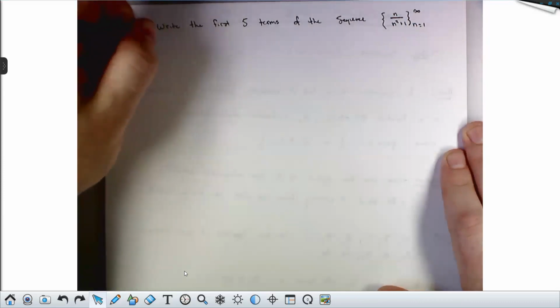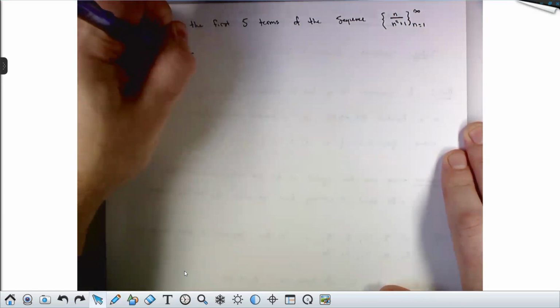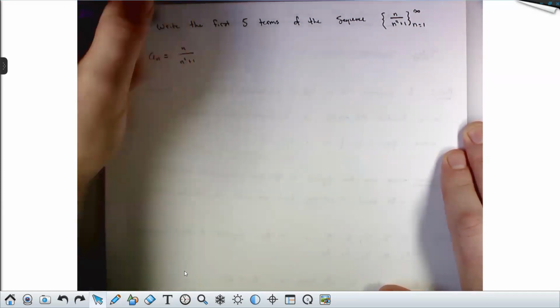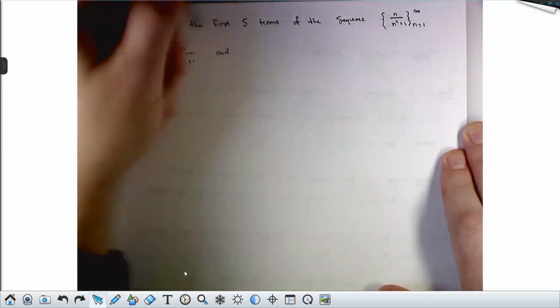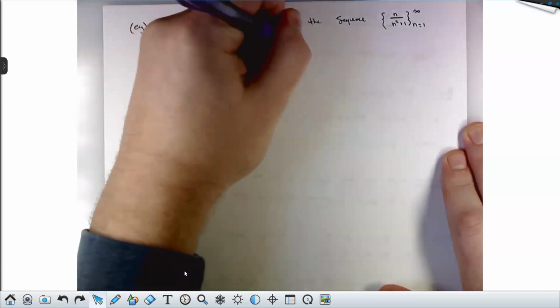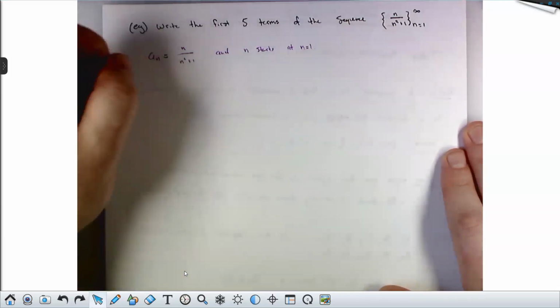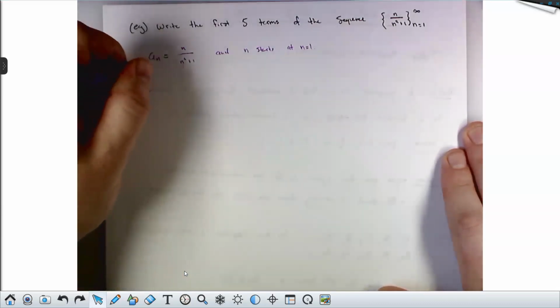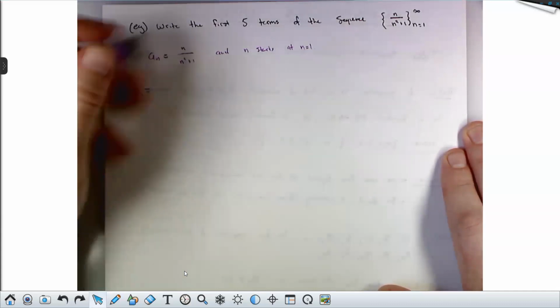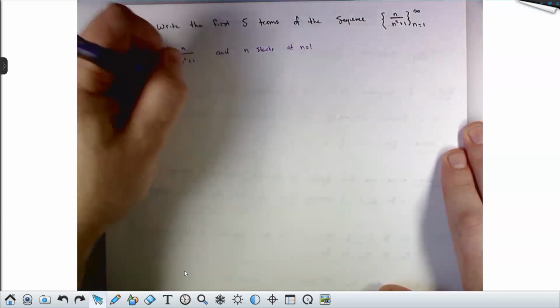Well, we know that a_n is n over n squared plus 1, and n starts at 1. That's what the curly braces notation there tells me. So the first term of the sequence is a_1, and that would be 1 over 1 squared plus 1, which is 1/2.